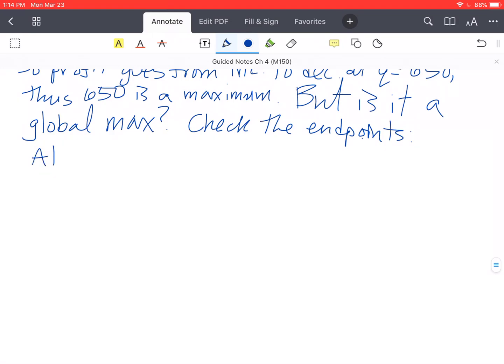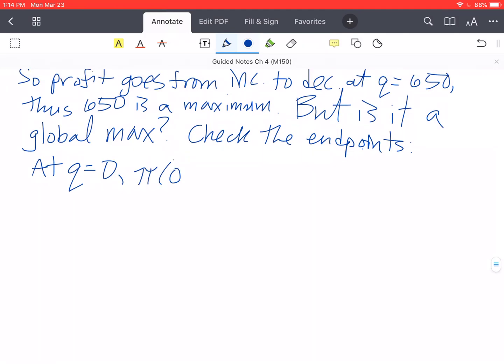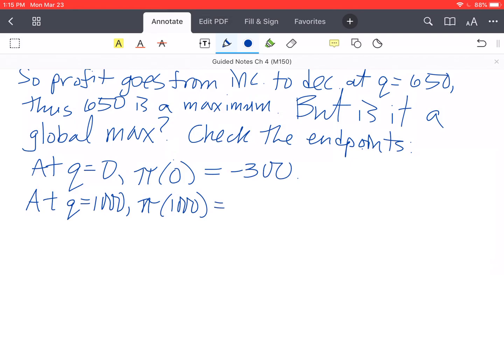So at Q equals 0, the profit, if you take revenue minus cost and plug in 0, you end up getting negative 300. So I can tell you that that's probably not going to be the global maximum. At Q equals 1,000, our other endpoint, our profit function is 600.